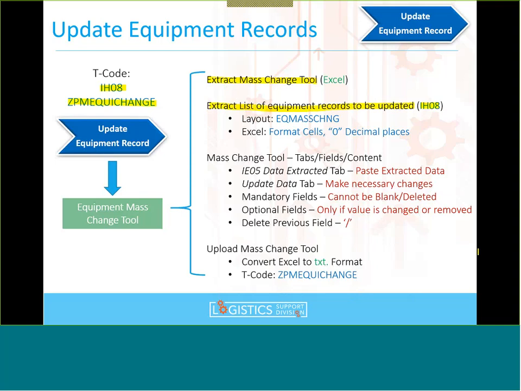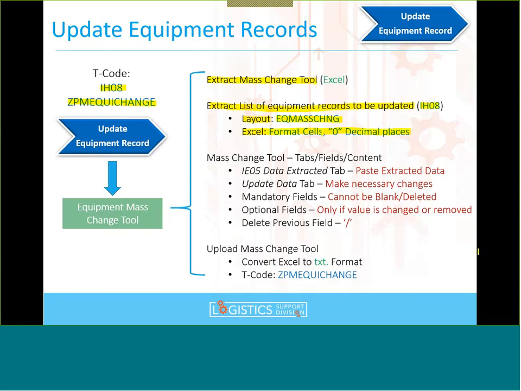But now we're going to be changing the layout. Now we know we were using ZZ_PV to extract the ones for physical verification, and now we're going to be changing that layout to the following: EQ mass change. And here we can get into this one later just to make sure, because I've been playing around with this Excel quite a bit, trying to upload it or convert it into a text file without doing some of these changes, and I had a number of errors, but we'll get to that once we get into the Excel.